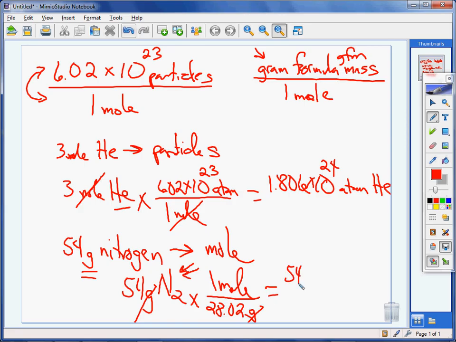Moles of our nitrogen over what? 28.02. Any units on the bottom? No, we canceled out the grams. So what's the last thing we have to do? Divide them. 1.93? Sorry, I ran out of space here. Moles of nitrogen.